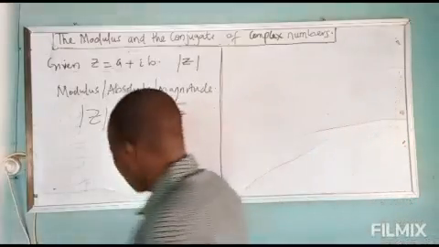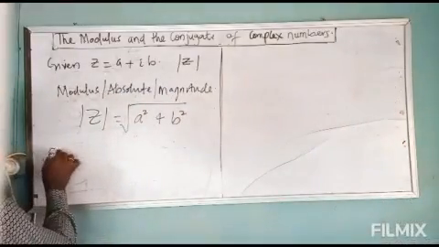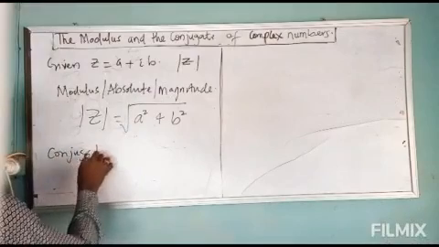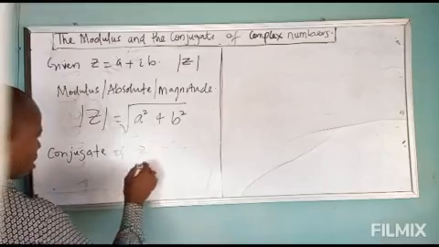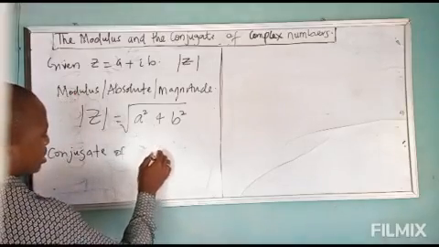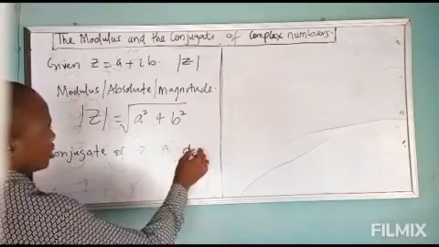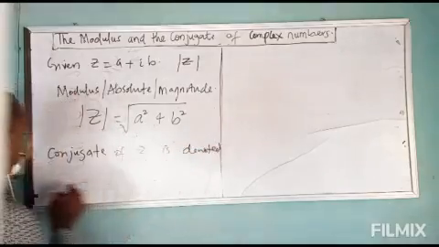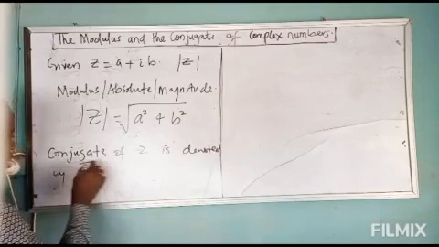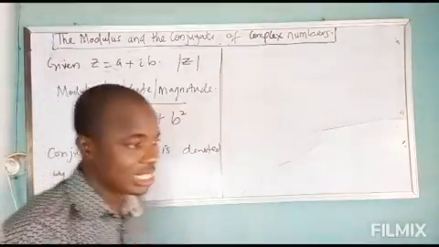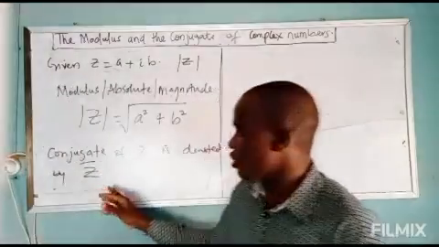Now if you want to talk about the conjugate of z, it is denoted or represented by z bar. That is the conjugate of z.